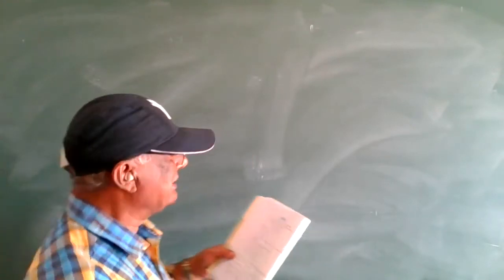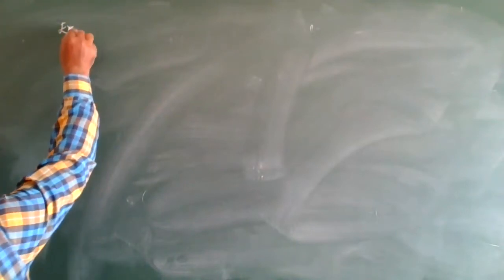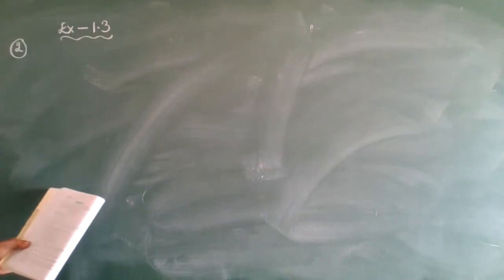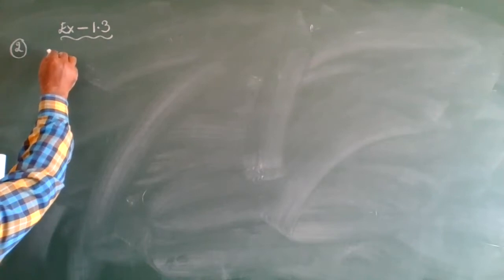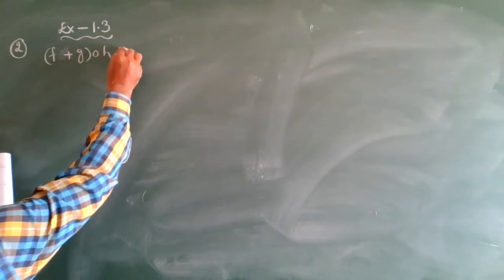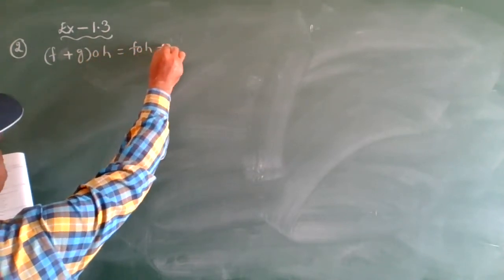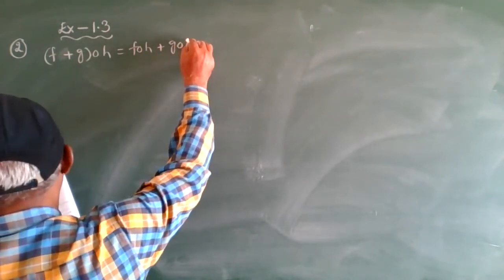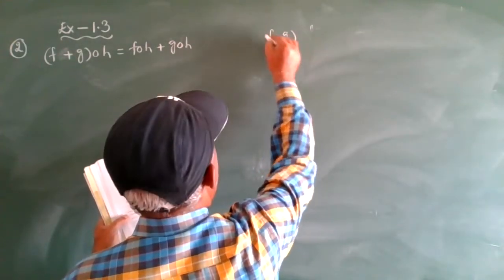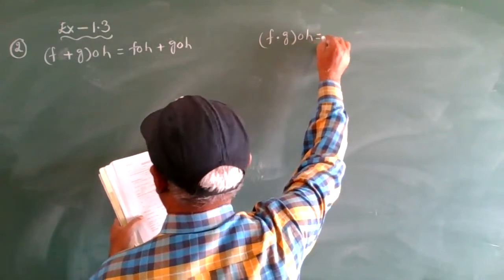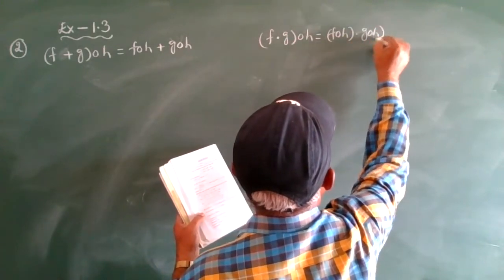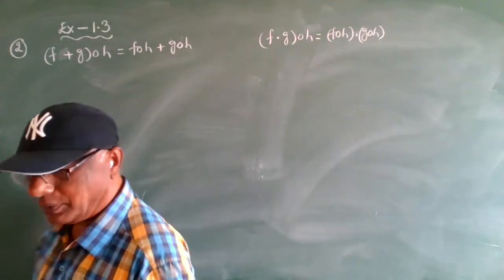Everyone see exercise 1.3, second problem: (F plus G) circle H equals F circle H plus G circle H, and the second part: (F into G) circle H is equal to F circle H into G circle H. This is the problem.